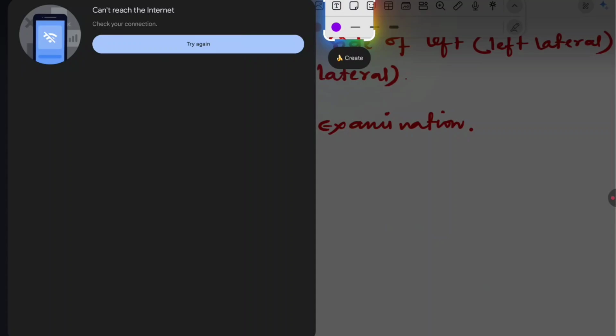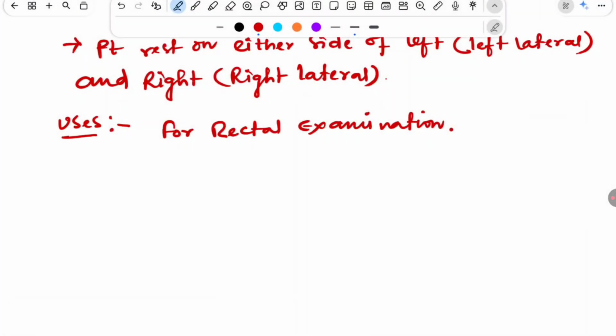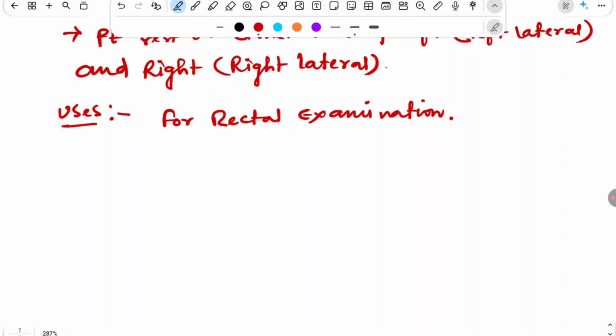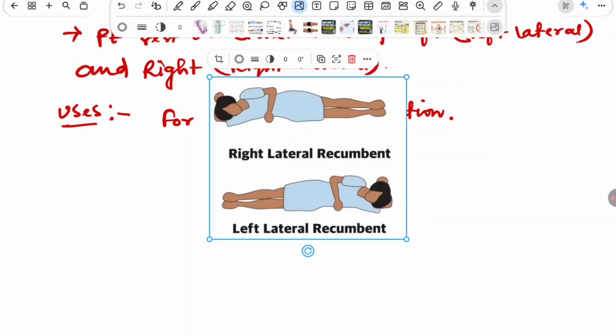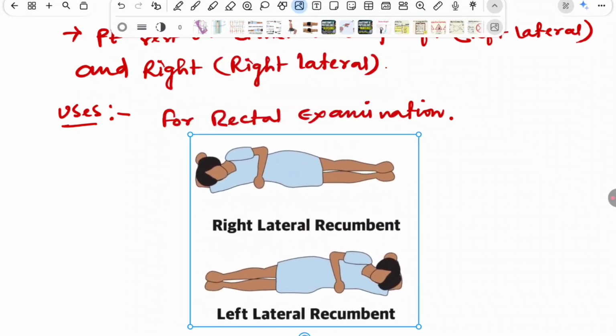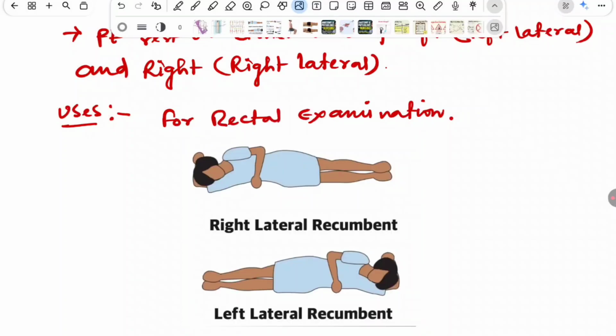Rectal examination, that time also we can use that one. This one also I am having a picture. I will show you, just a minute. See, this is right side sleeping, so right lateral position, and here you can see left side sleeping, so left lateral position we can say.